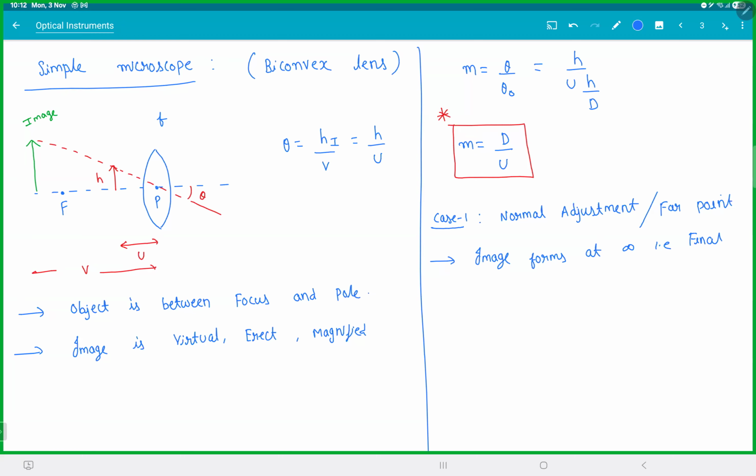When you go out and look into the sky, your eyes feel very relaxed, normal. The reason is this: your eyeball is there, the retina is there, and the retina is exactly at the focal length. When your eye is completely relaxed, the focal length of the eyeball is at the retina. So when the light rays are coming from infinity, they directly form at the retina, and you can see the image. That means you can keep staring into the sky for hours and your eyes will be pretty good. But if you keep watching the screen for 1 hour or 2 hours, you will feel like your eyes are exhausted.